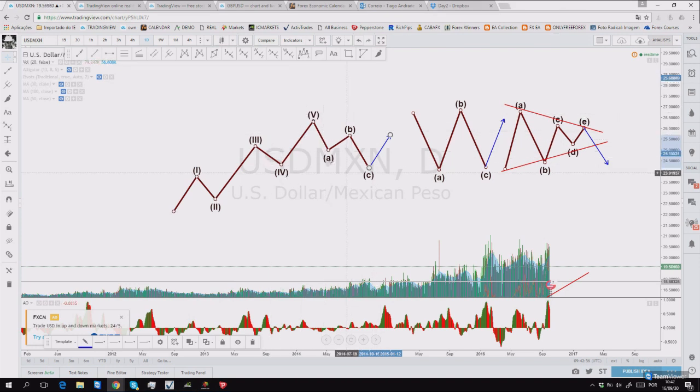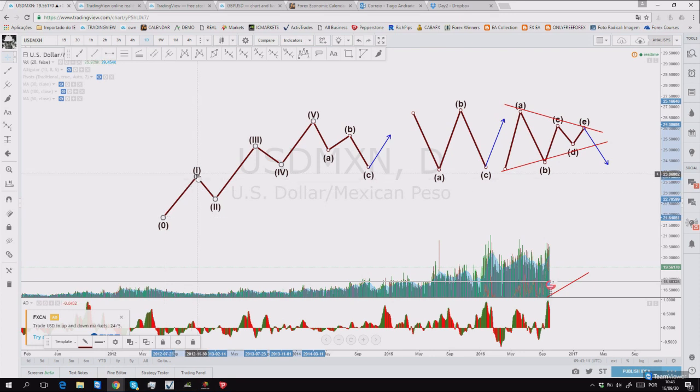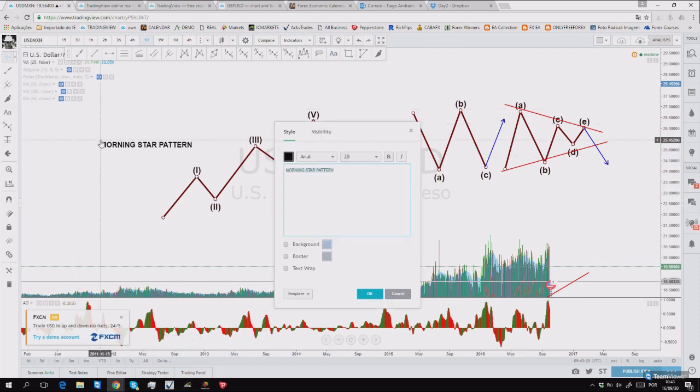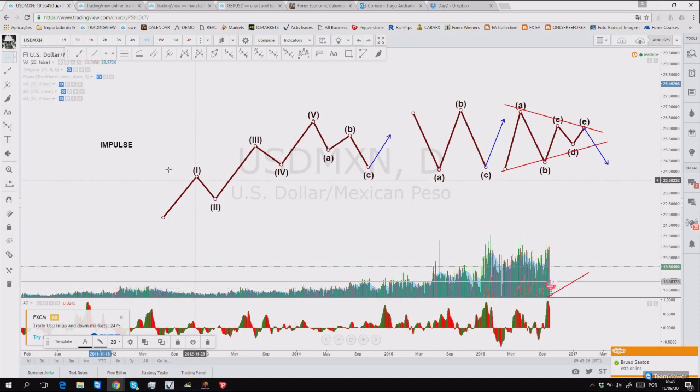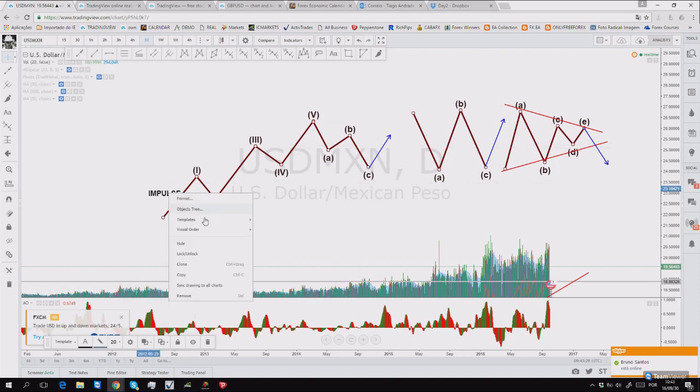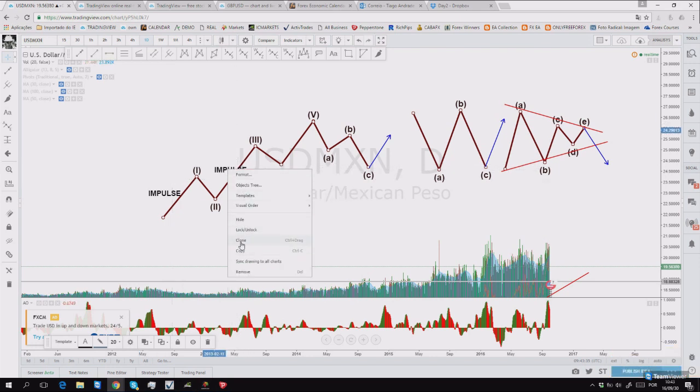This happens on any time frame, and each wave, impulse wave, 1 would be an impulse, 3 would be an impulse, 5 would be an impulse, and then you have corrections. I'll write here. This would be an impulse. This would be an impulse. This would be an impulse.